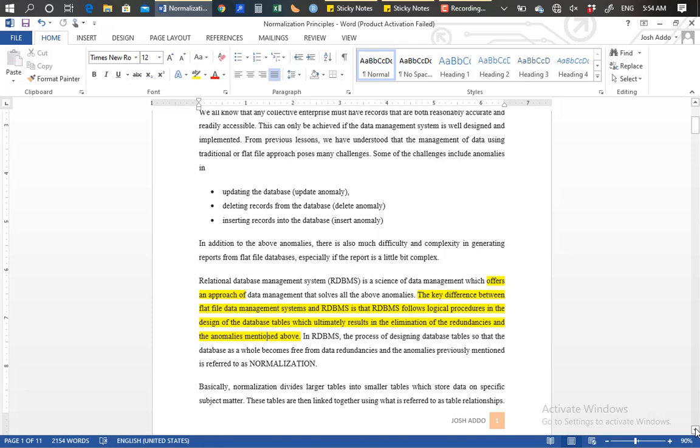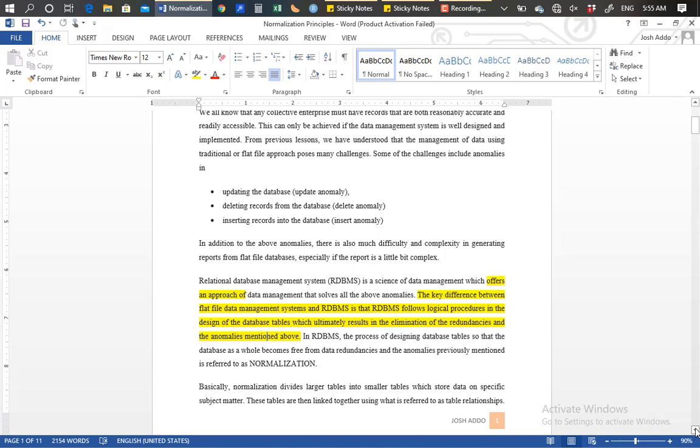So the process of trying to break the database tables into smaller tables which store data on specific subject matters is what is referred to as normalization. So normalization is basically breaking up your tables or designing your tables in a logical way so that each table stores a specific data.